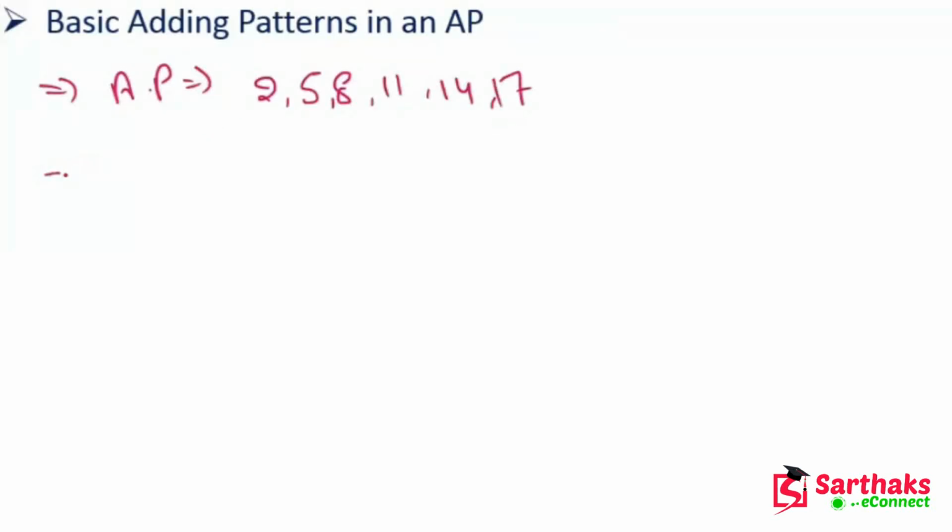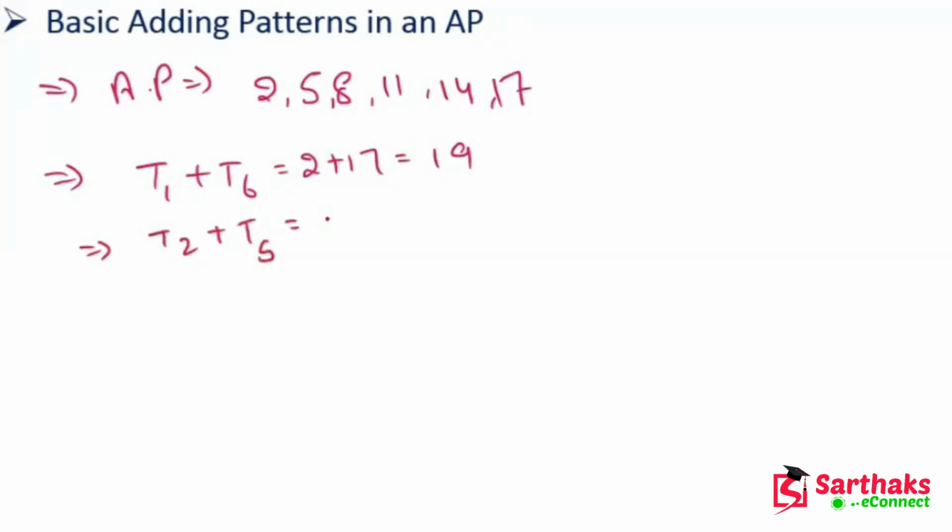If we observe this, the sum of two terms that are equidistant from either end of the AP is constant. For example, T1 plus T6 is 2 plus 17, which equals 19. Now T2 plus T5 is 5 plus 14, and we get 19 again.